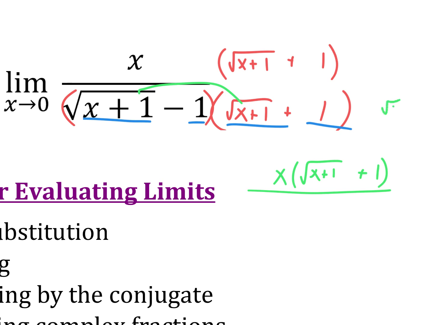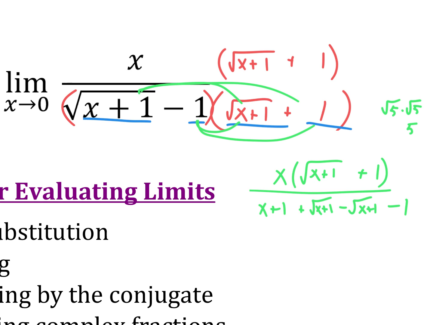If I had the square root of 5 times the square root of 5, that's just 5. So here, the square root of x plus 1 times the square root of x plus 1, that's just x plus 1. Then we have a plus 1 times the square root of x plus 1. And then we have a negative 1 times the square root of x plus 1. And then we have a negative 1 times 1. That's a negative 1.